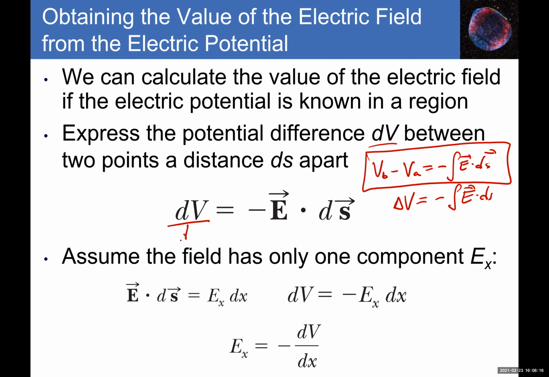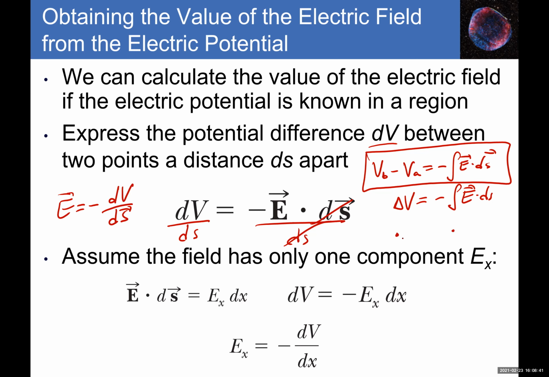And if I divide both sides by ds, what I end up with is this: the electric field equals, moving the negative to the other side, negative dV over ds. That means I can look at the derivative of the potential with respect to position to get the electric field.